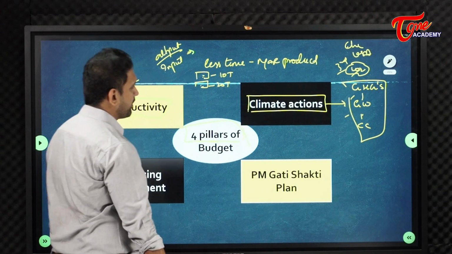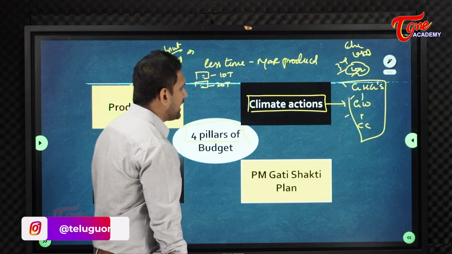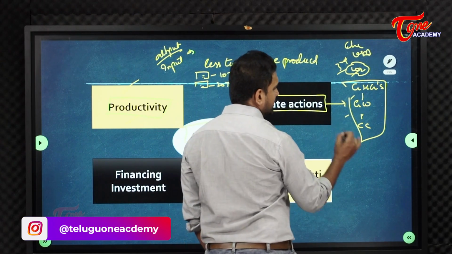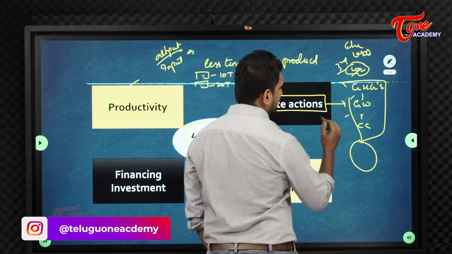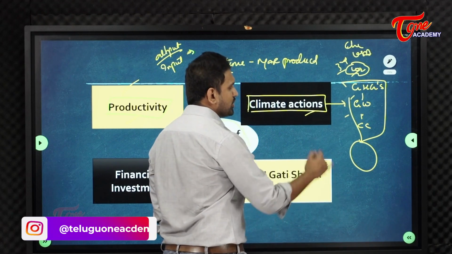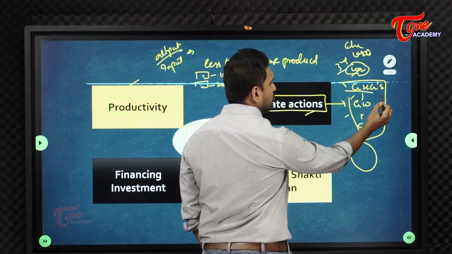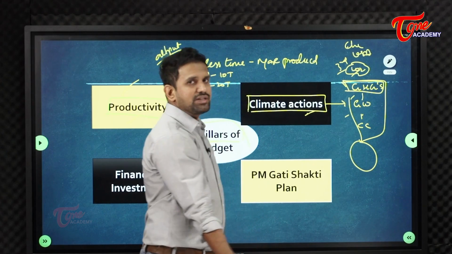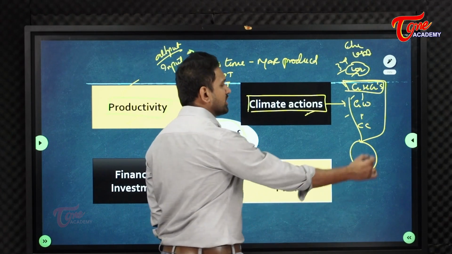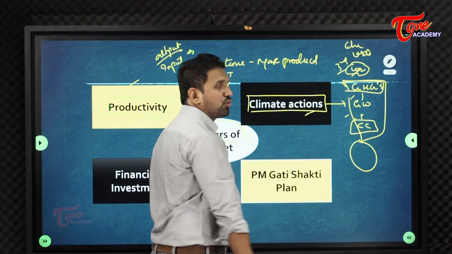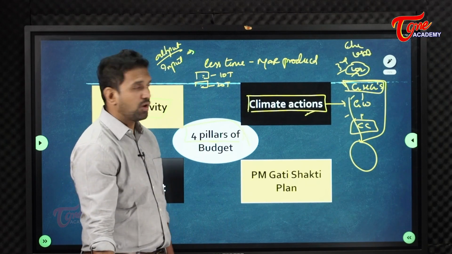So climate action. If we want to protect our mother earth, it is very important that actions be taken to control the emission of greenhouse gases, or to mitigate the impact of climate change. Whatsoever, we have to go for climate actions.